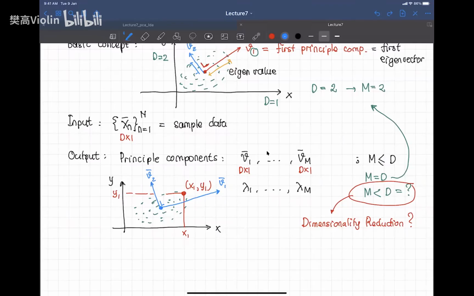With this V1 and V2 as the new axes, as the new coordinate system, we can describe this red point with respect to V1. So this is, for example, the new coordinate. I'm not really sure what this is called. Any value here, for example, A1. And this one, with respect to V2, is B2.